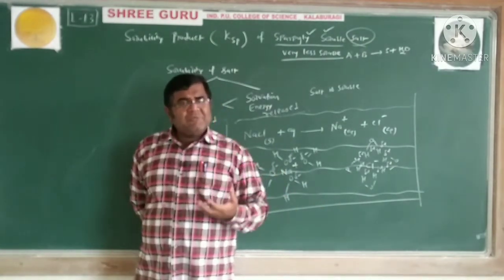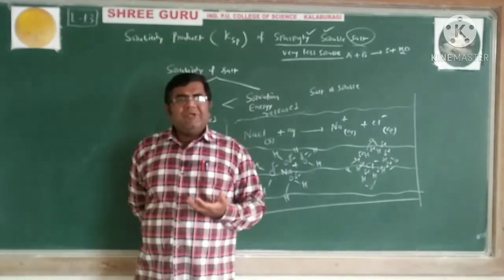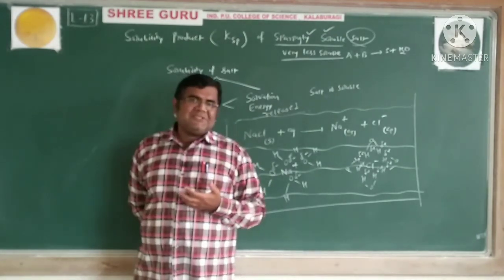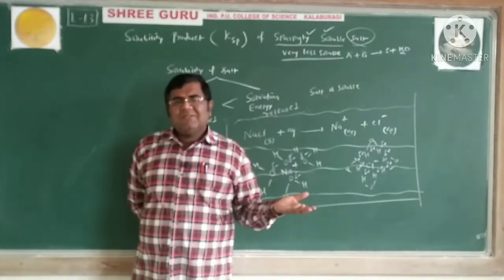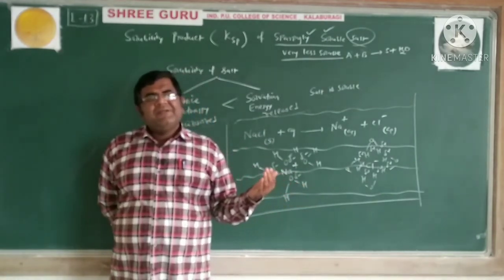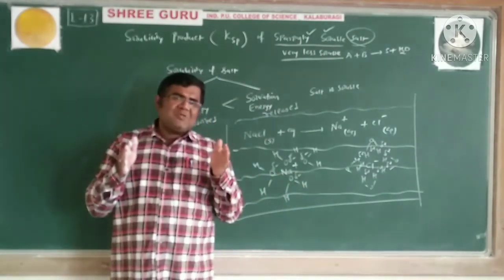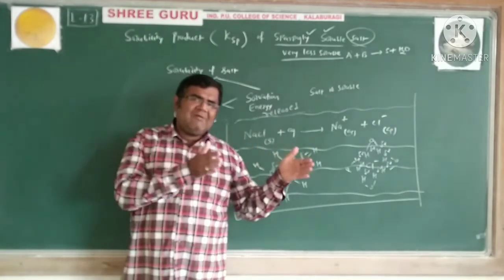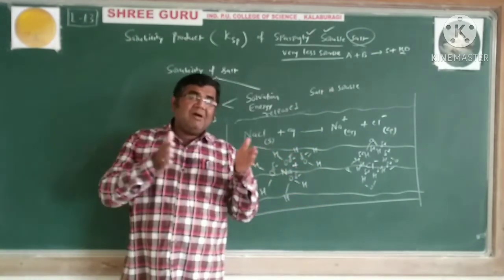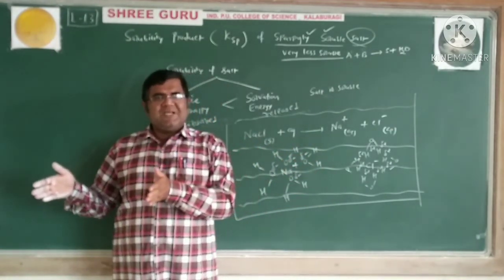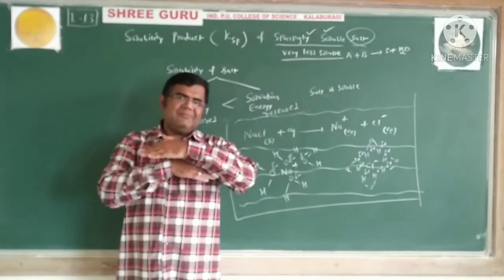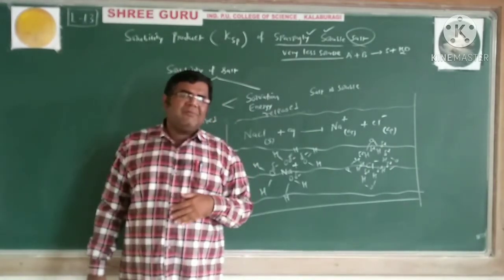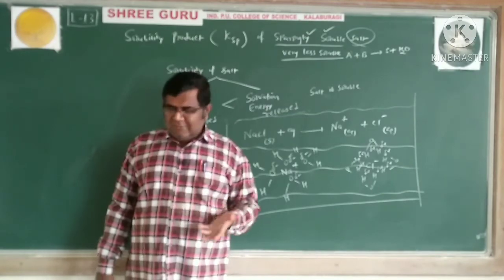Now from our equilibrium point of view, we will discuss the sparingly soluble salt, because they are not dissolved completely. So there is always a possibility that we have ions formed and we have undissociated salt. And there is an equilibrium, and that equilibrium we have to study, because we are learning equilibrium.